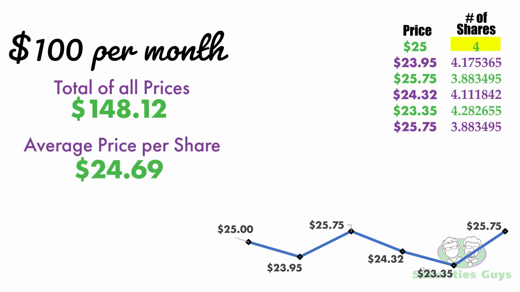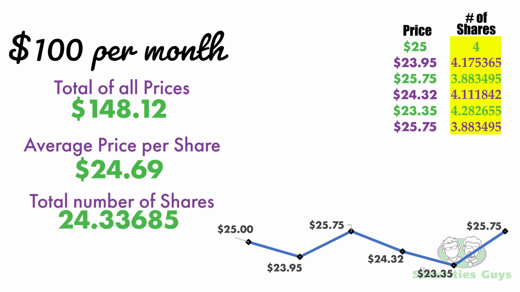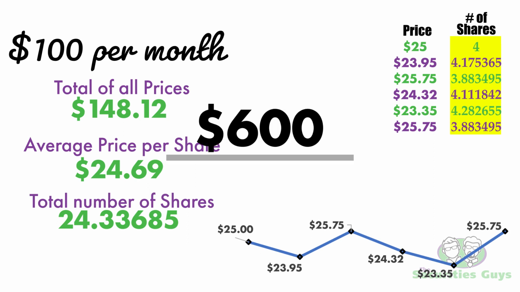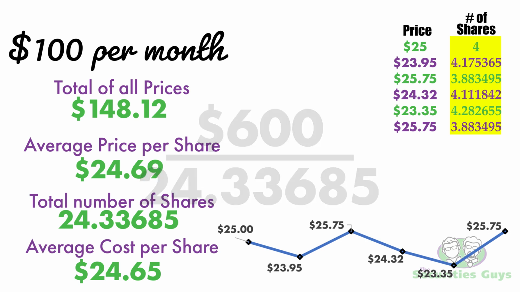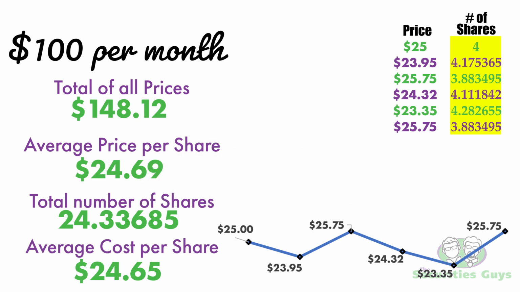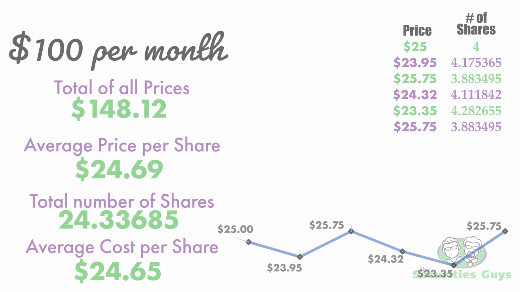We purchased 4, roughly 4.17, 3.88, 4.11, 4.28, and 3.88 shares, for a total of 24.33685 shares for that $600 we invested. Dividing $600 by 24.33685 finds that our average cost per share was $24.65. Only saves us 4 cents over the average price, but a savings is a savings.